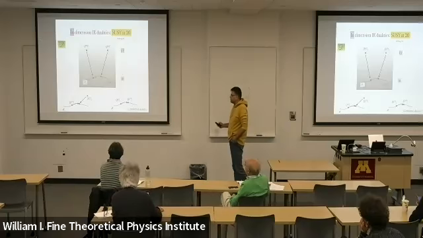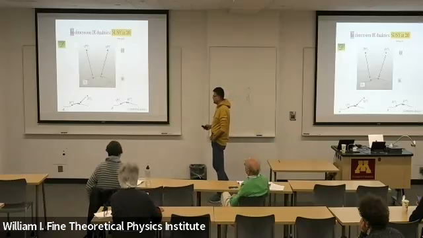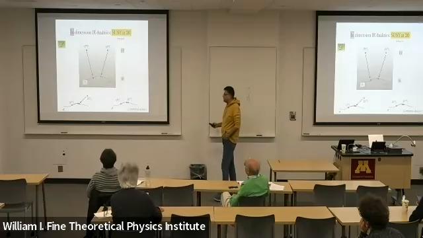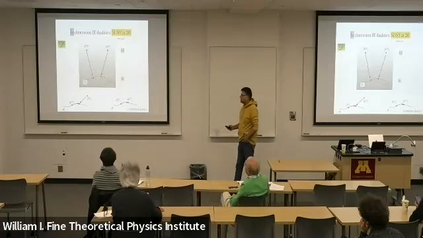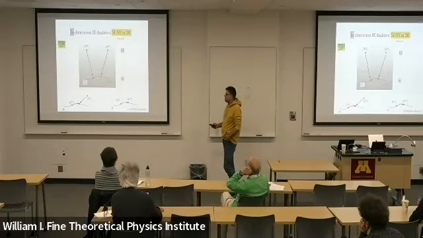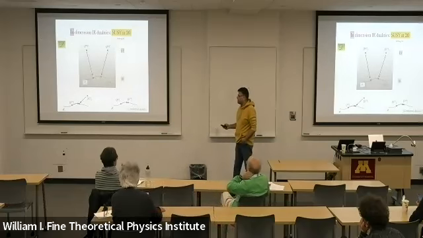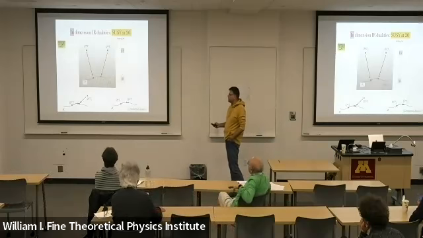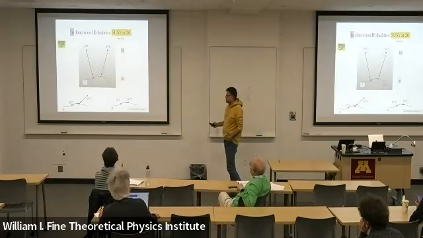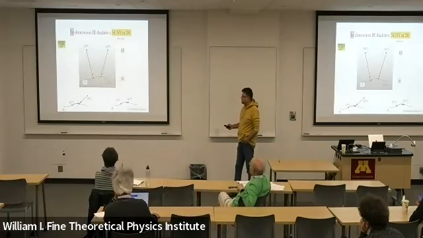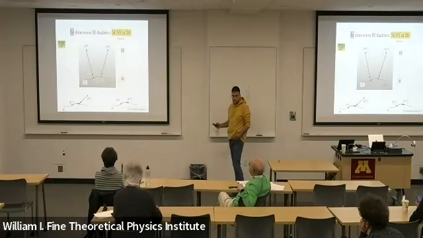You deform them in some way, and you flow to some infrared fixed point. For this talk, it will not be important that you flow to exactly the same fixed point, but that you flow to a certain conformal manifold, the same conformal manifold in the 2 cases. That means that there is an exactly marginal deformation which connects one point to another.